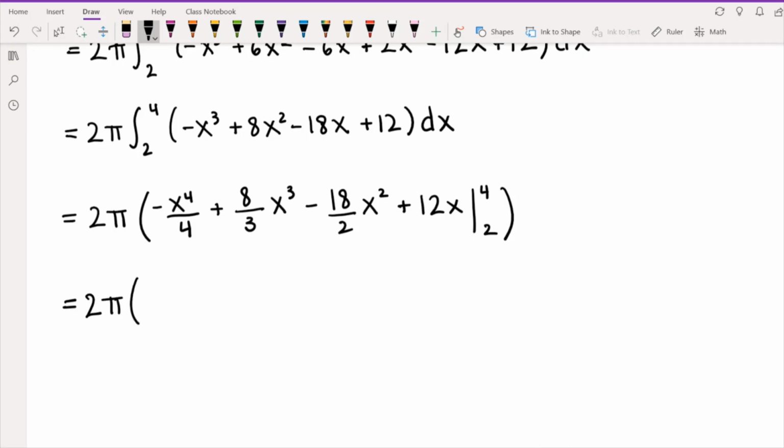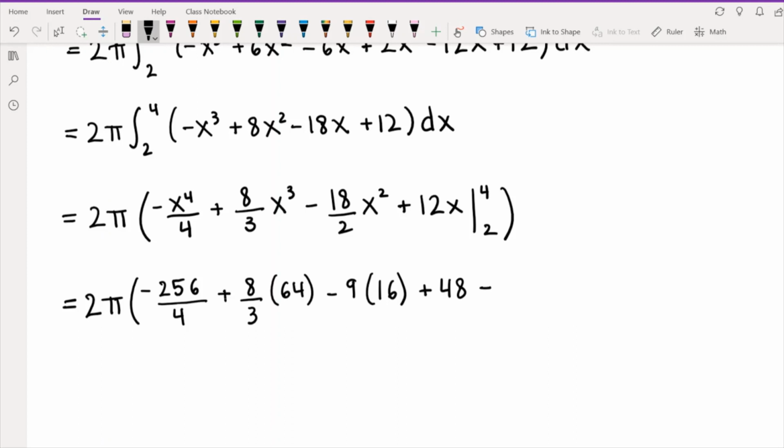So for the first one, this is actually very similar to the last one. So negative 256 over 4. And then we have 8/3, which is being multiplied with 64. And then 18 over 2 is 9, and we're multiplying that with 16. And then we have 12 times 4, which is 48. I'll just write that out.